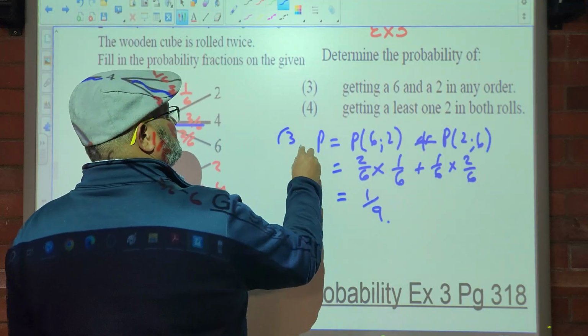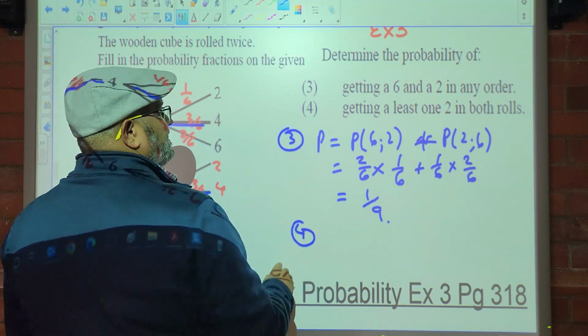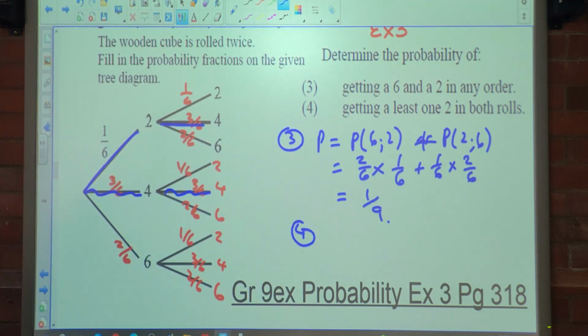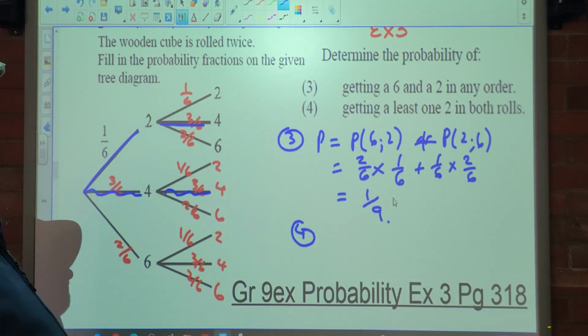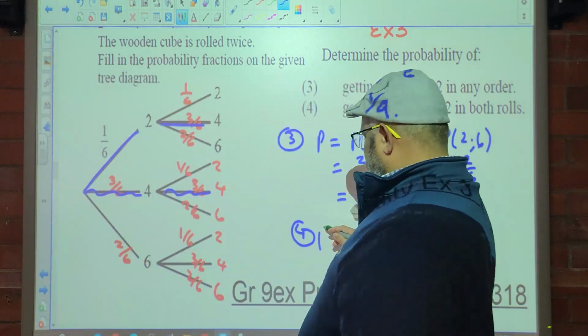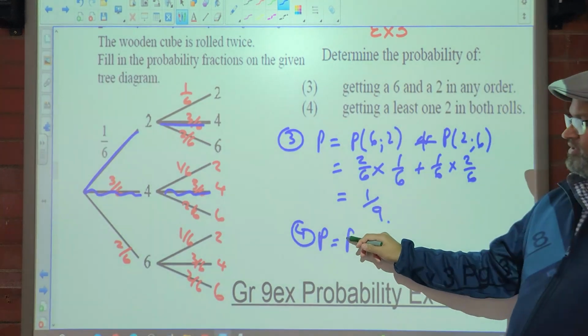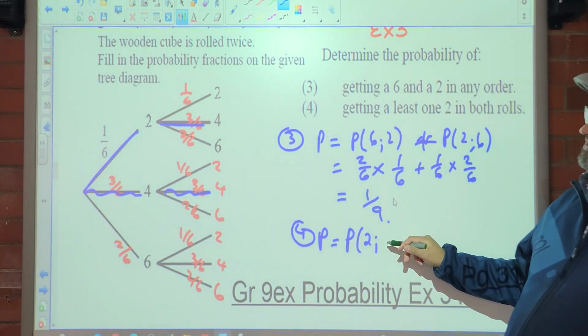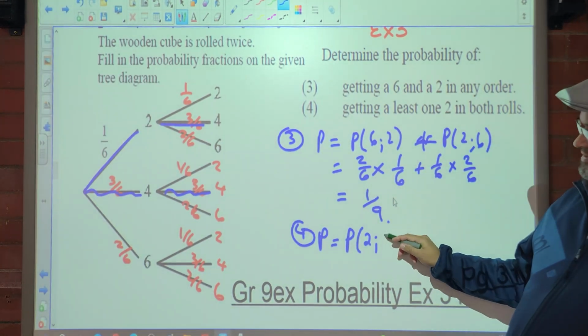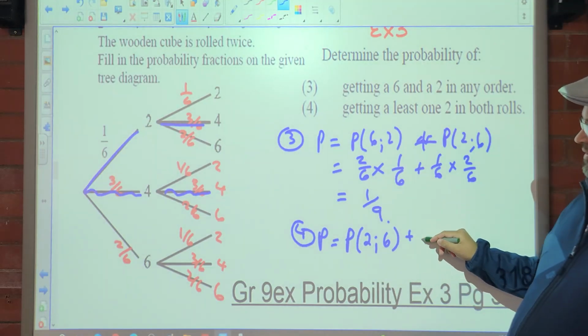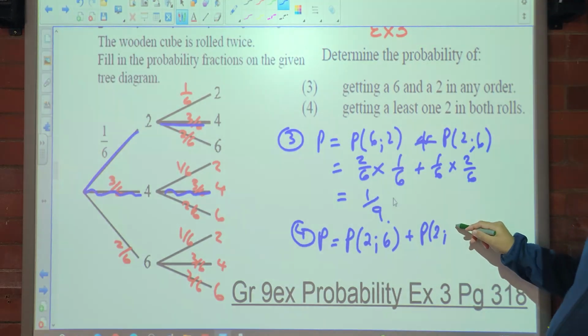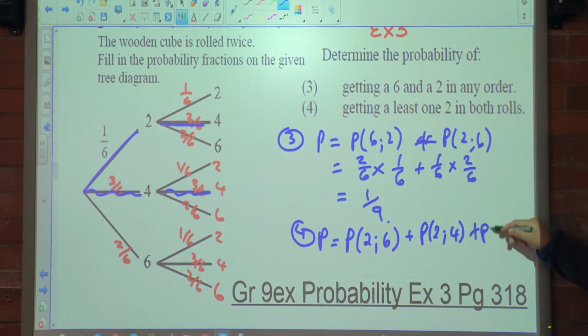Number 4. Getting at least 1 two in both rolls. At least 1 two. So what does that mean? I could get the probability of a 2 and then a 6, plus the probability of a 2 and a 4, plus the probability of a 2 and a 2.